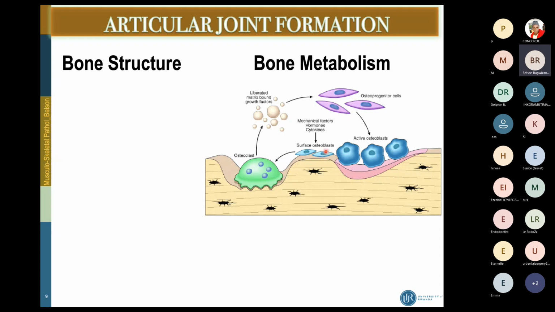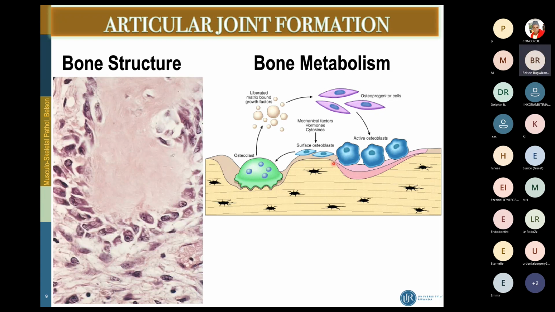And we have osteoblasts, which build the bone. So osteoclasts, we can say, destroy the bone, while osteoblasts build bone. The bone structure is that here in the center we have an area without cells. Otherwise, we have cells around here.